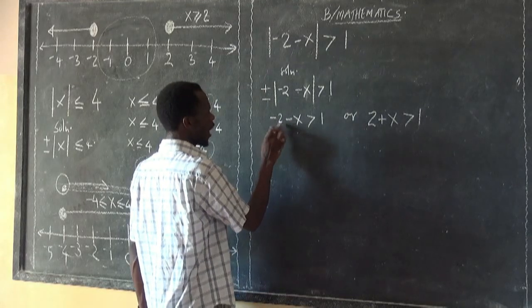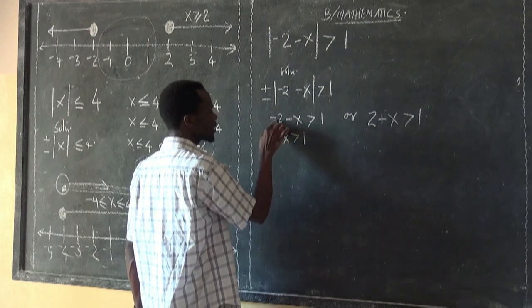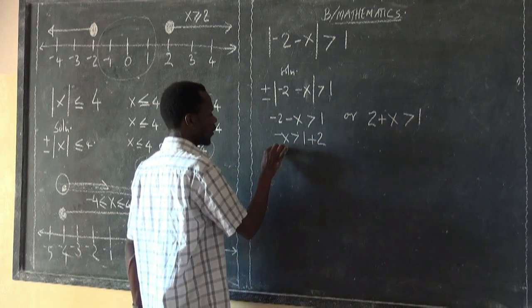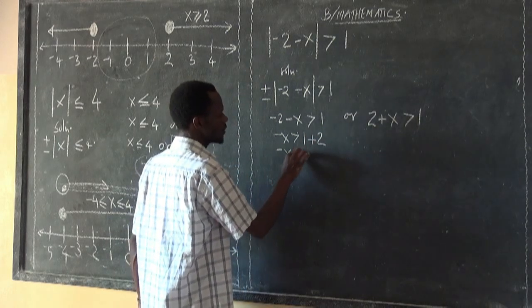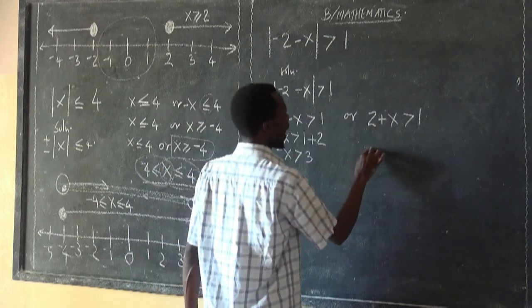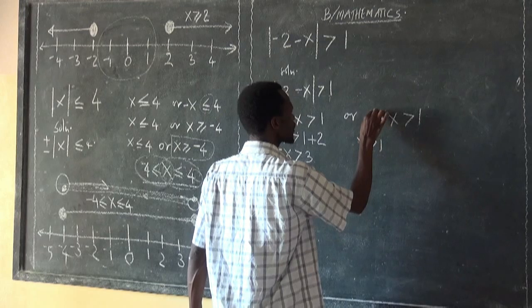Now, this one, we have negative x is greater than 1. This is negative, becomes what? Positive 2. Now, negative x is greater than 3. And here, you have x is greater than 1. This is positive.